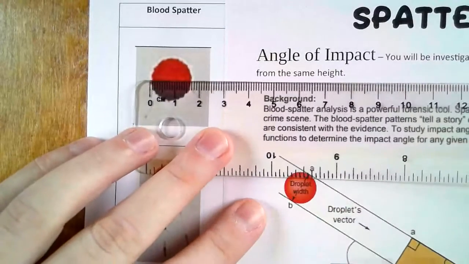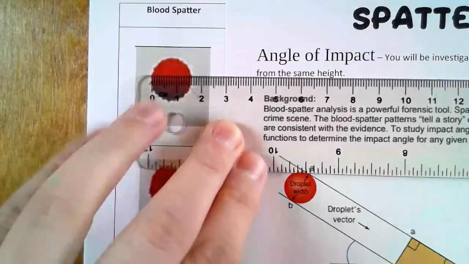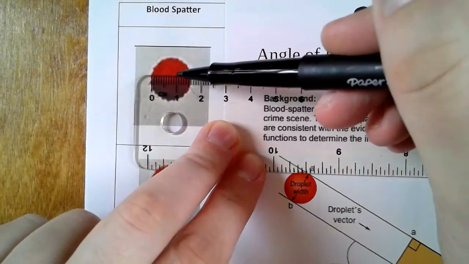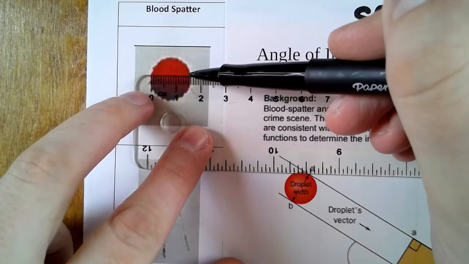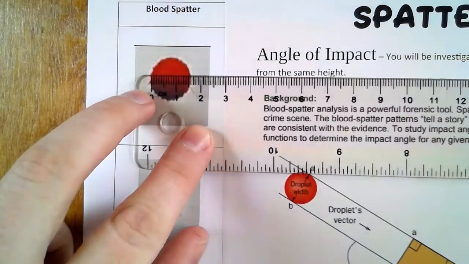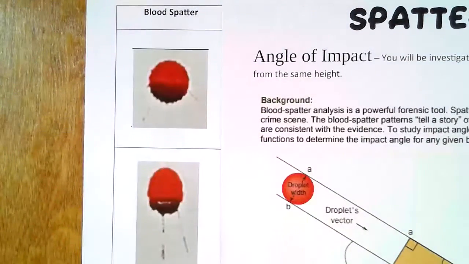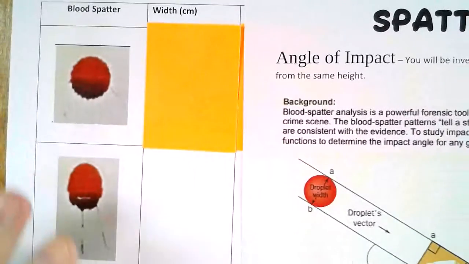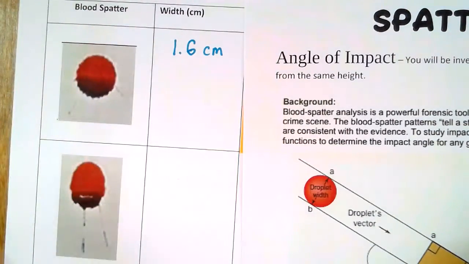All right, so the very first step, make sure you measure the width. It's a little hard to tell on the stock camera, but I'm getting the width of this first drop to be right around 1.6 centimeters. And so in that first column, this is like the 7th time I've recorded this video, so I already wrote it in.